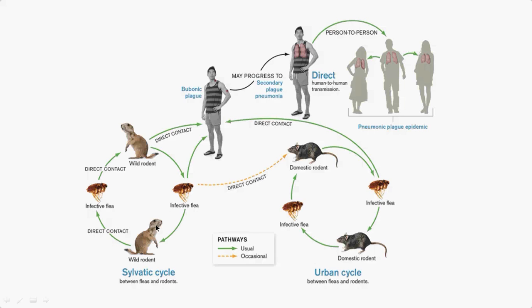Sylvatic means it is present in animals in the forest areas. In the forest, in the sylvatic cycle, there are fleas and rodents, and cases have been reported in the animals.